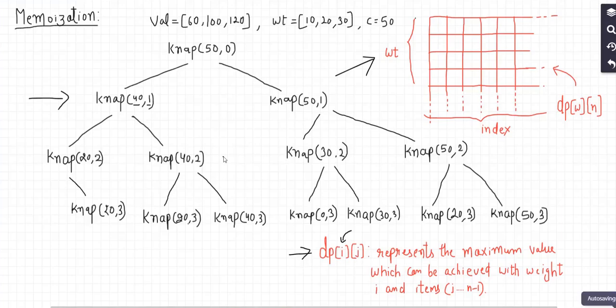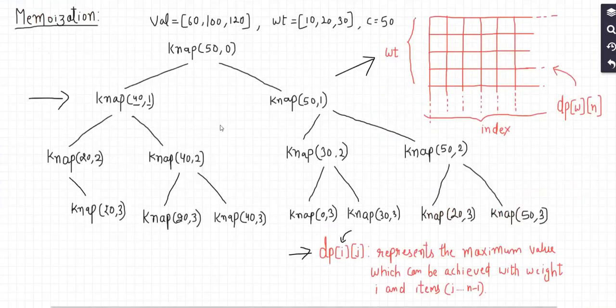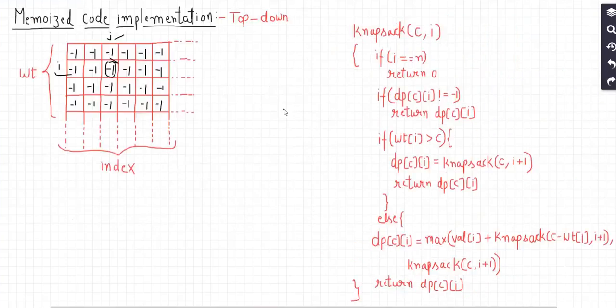So let's see how we can change our recursive code to implement memoization. Let's see the memoized code. This is the memoization table and this is the memoized code. The DP array is initialized with -1 because it tells us whether the result for that particular pair, that means weight i and index j, is computed or not.